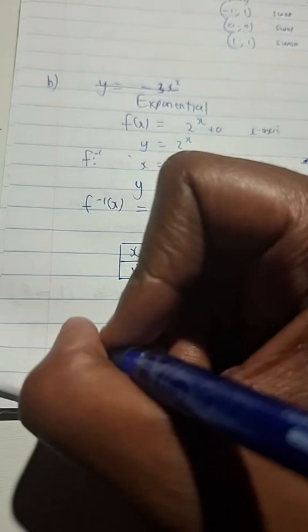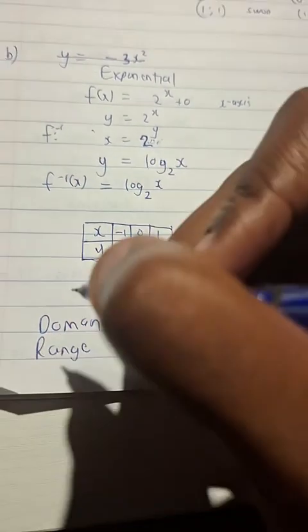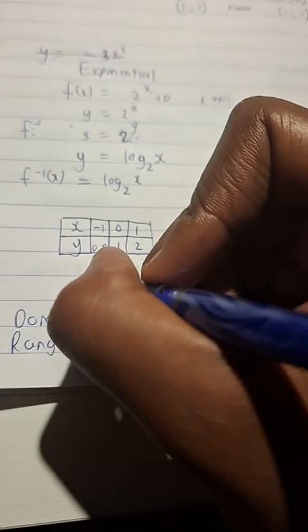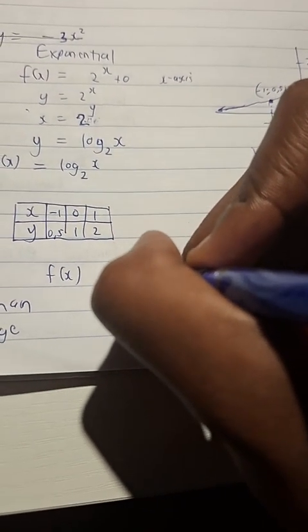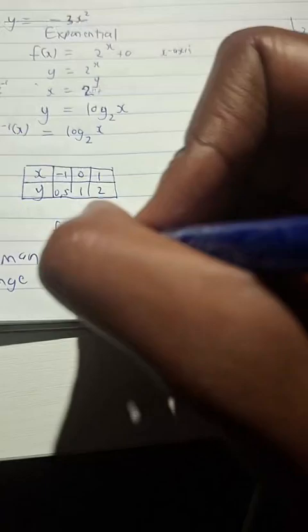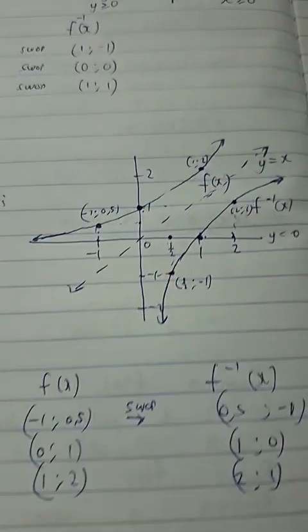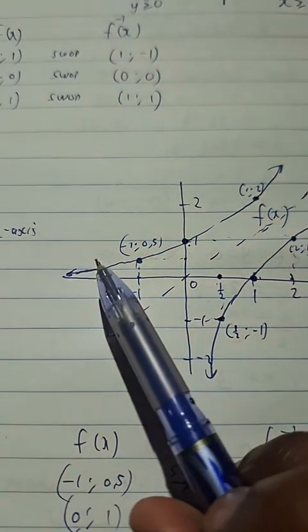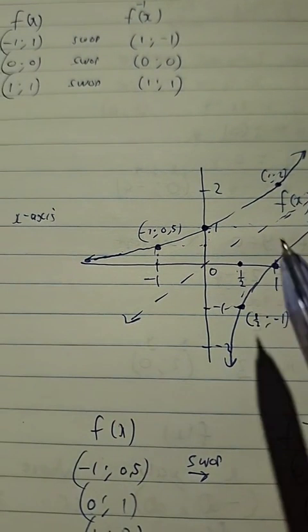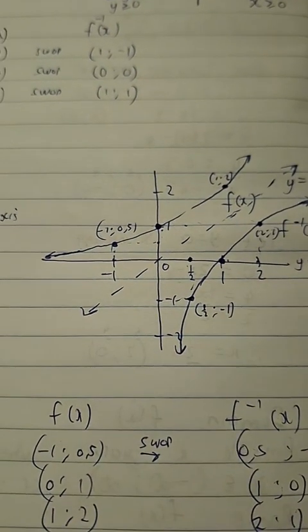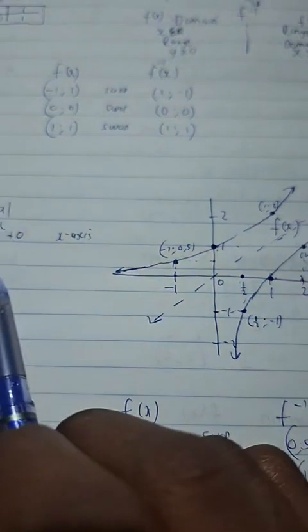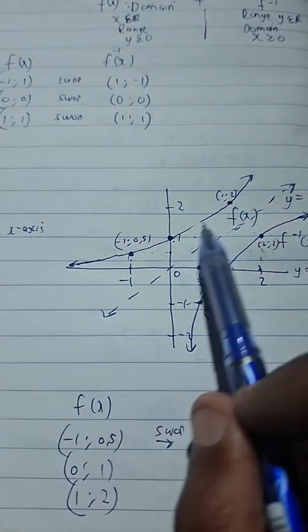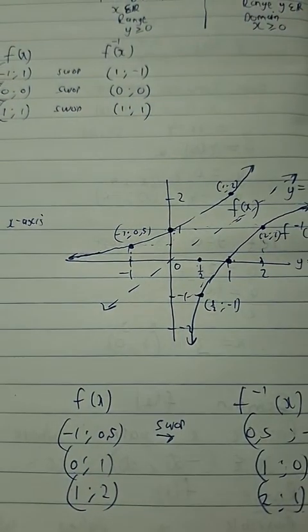If we go to the domain and range, because I can sense that's coming up. Let's look at the domain and the range of f of x, and then let's look at the domain and range of the inverse of the function. Okay? So if we look at the domain, the original function, is there somewhere for x where the function does not exist? Does the function exist everywhere from left to right? Or is there a place where this original exponential function does not exist for x?